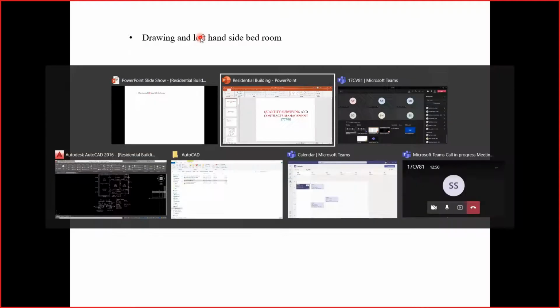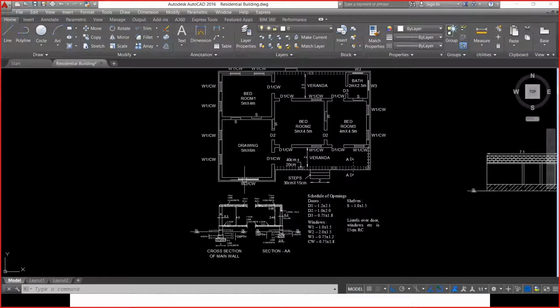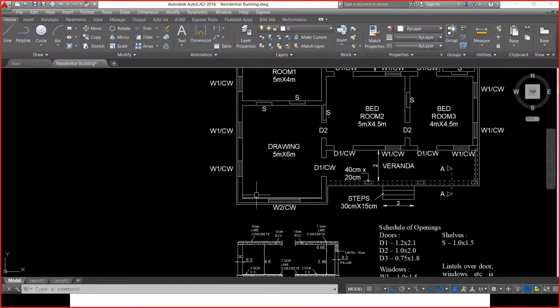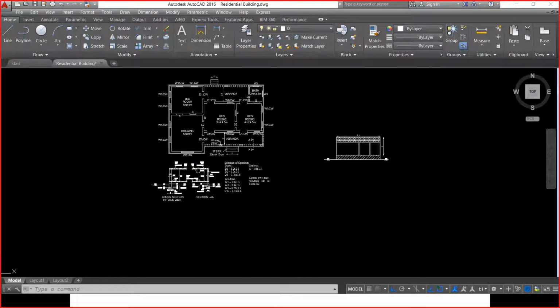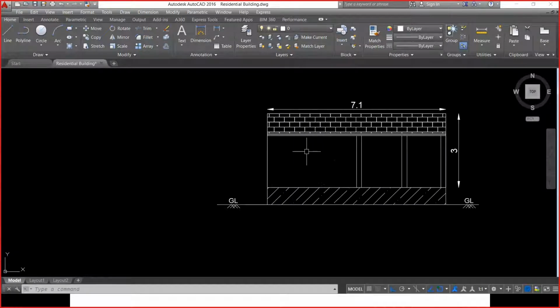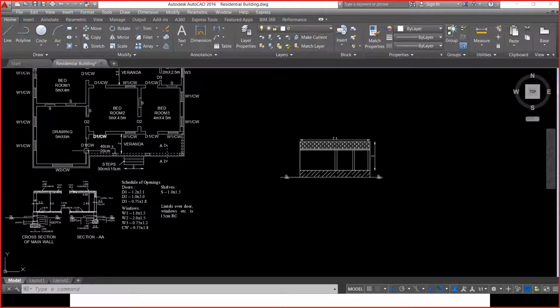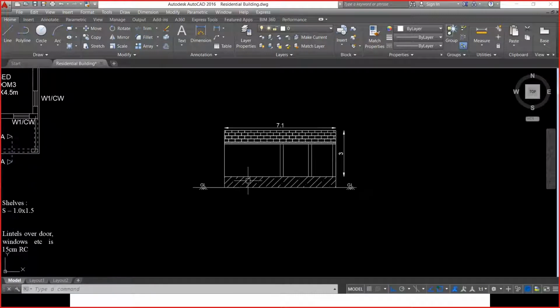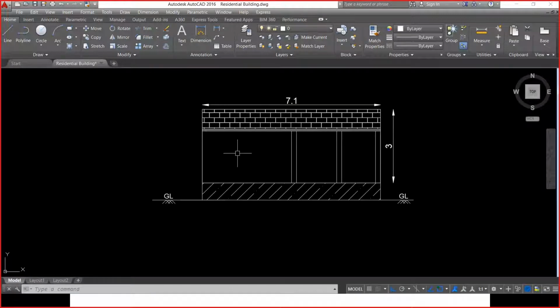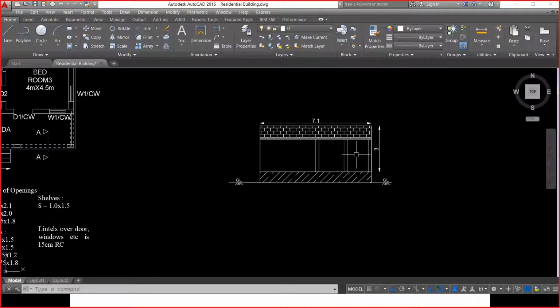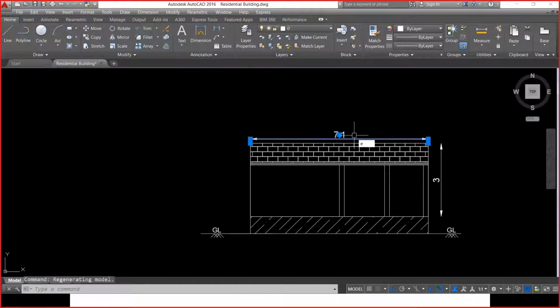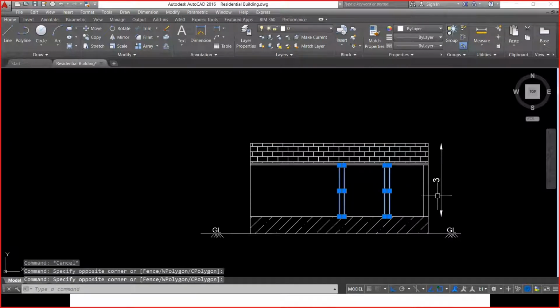I'm going to consider the drawing room and the left hand side bedroom. Let me move on to AutoCAD so that we can calculate it easily. Here, as I told you, I'm trying to represent this front veranda. This portion is left open, and this portion is also left open, and this portion too. And these are pillar number 1, 2, and 3.